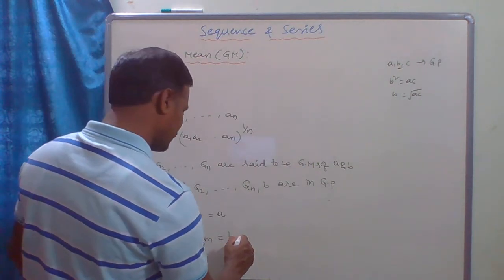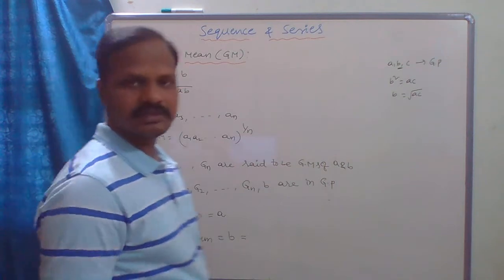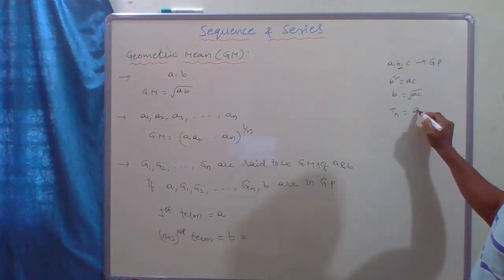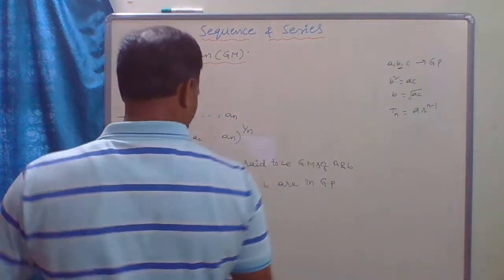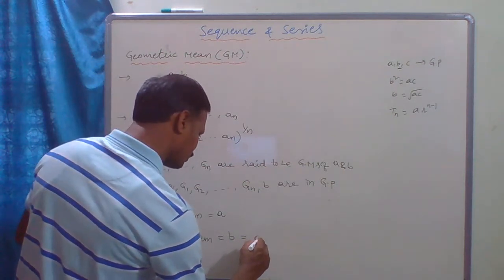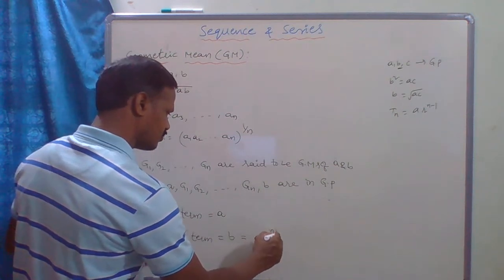So this B can be written as, what is the general term in GP? The nth term is A into R power n minus 1. Now this B can be written as A into R power n plus 1.